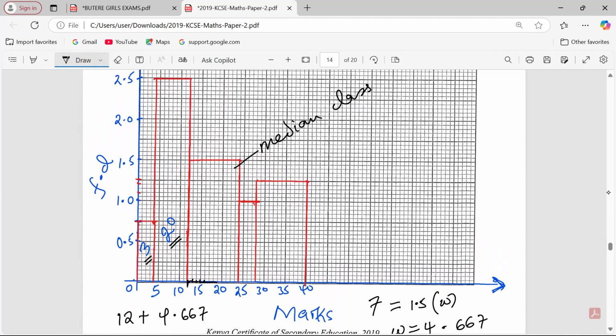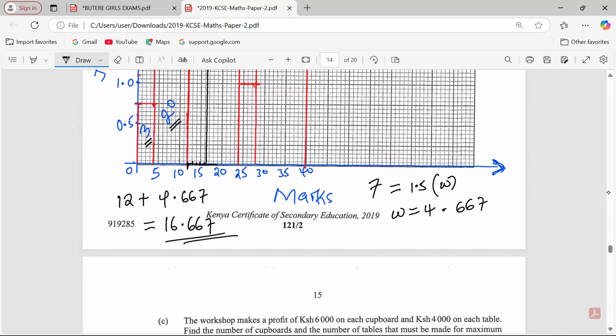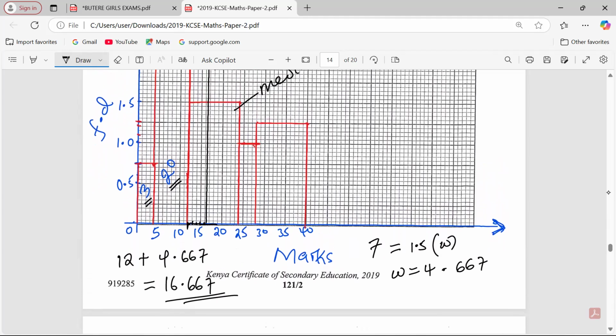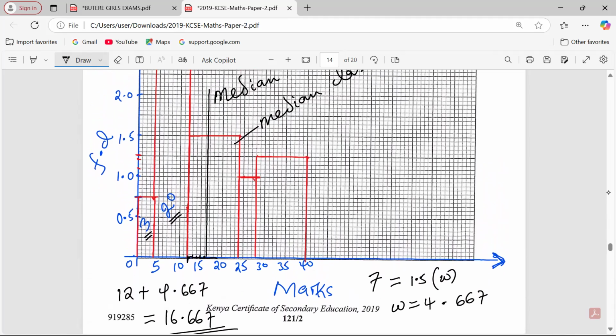So we raise a line there. That way, so leave the median line. The value is estimated as 16.667.